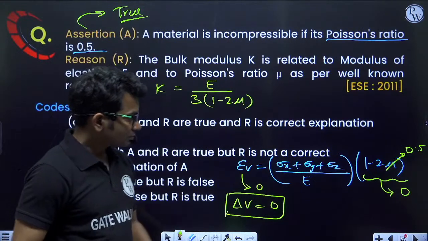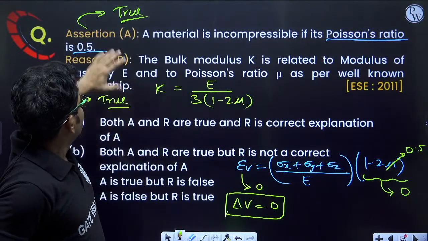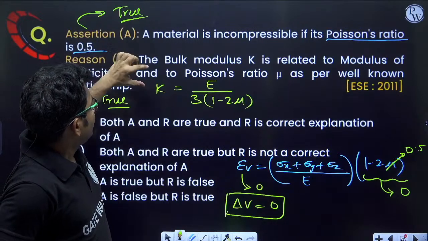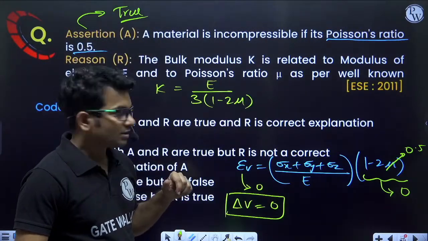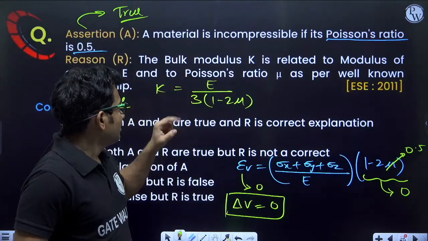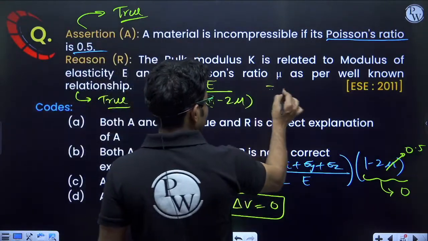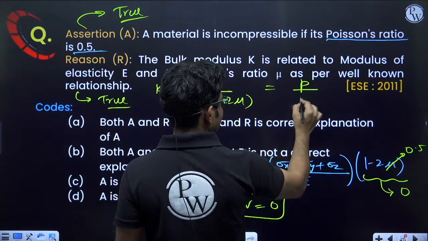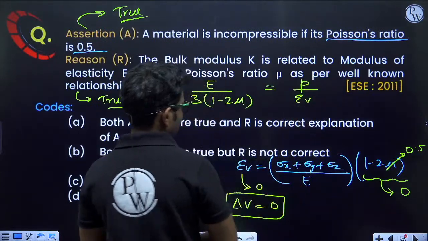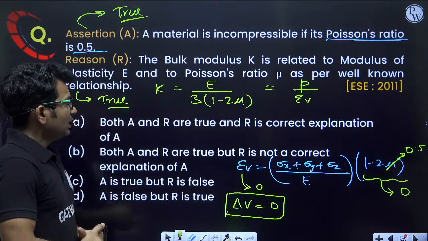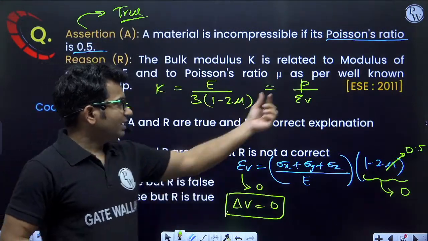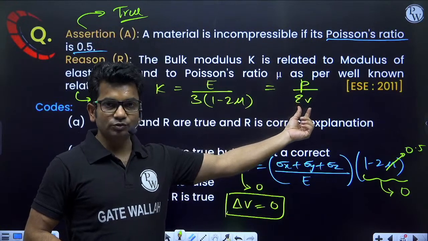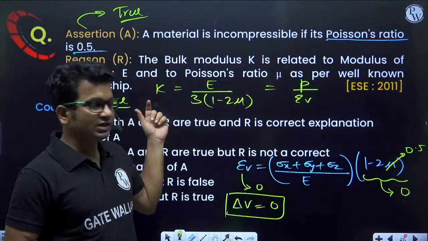Now, both are individually true. But is this the correct explanation of this? Bulk modulus is all-round stress divided by volumetric strain. If on applying pressure the volumetric strain has to be 0, then the bulk modulus has to be infinite.